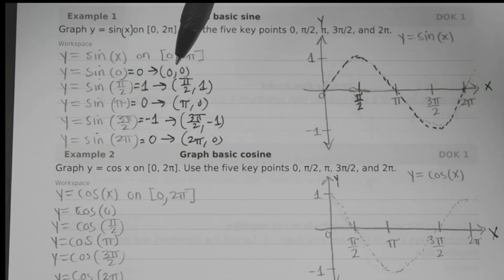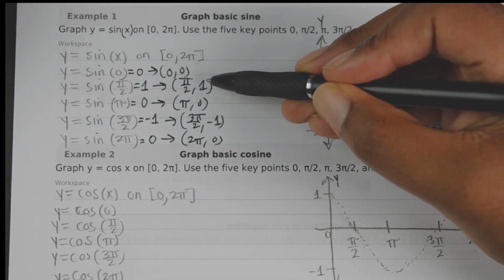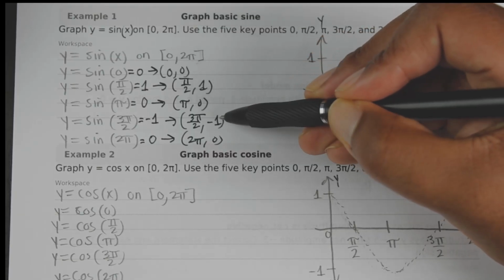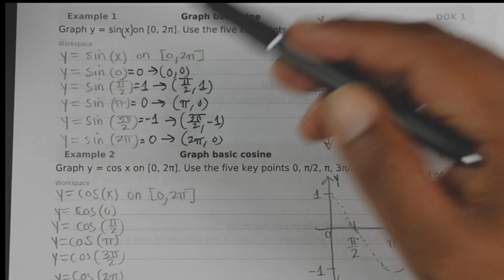It would go 0, 0, and then this would be the cycle: pi over 2, 1, pi, 0, 3 pi over 2, -1, 2 pi, 0, and then it would just keep going. This 0, 1, 0, -1, 0, 1, 0, -1 would continue to be the wave of sine x.